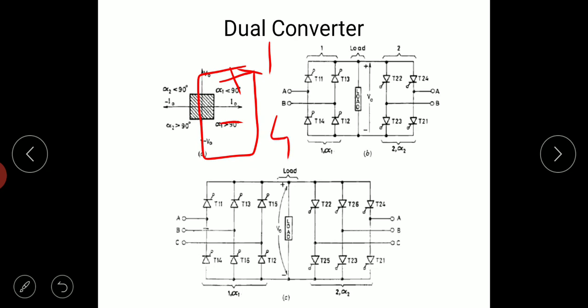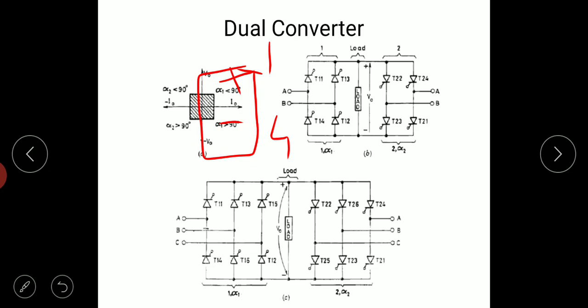But in case of various applications, the reversal of current is also required. In case of motor, if we require change in direction of torque, then we will require the change in direction of current. Hence, we will be requiring in those cases quadrant 2 and quadrant 3 operation as well.